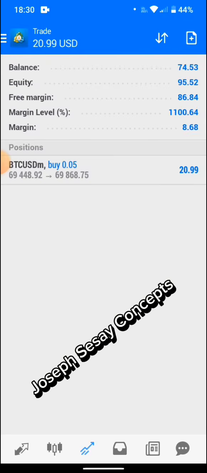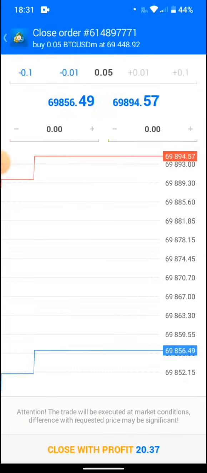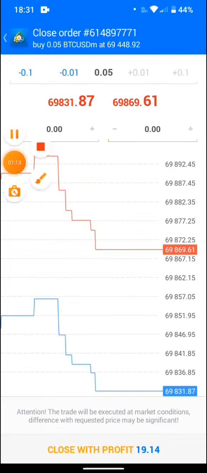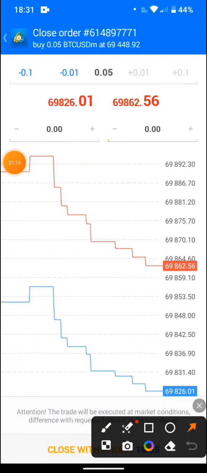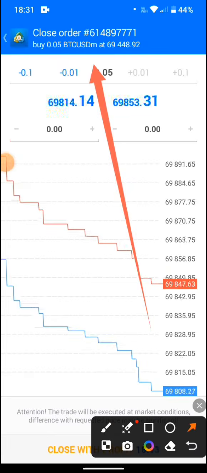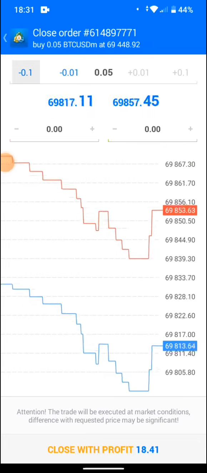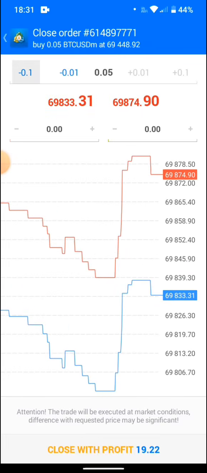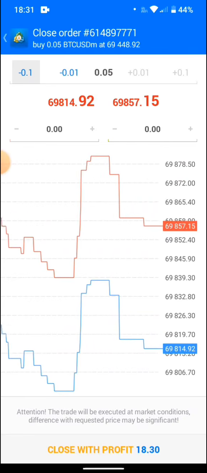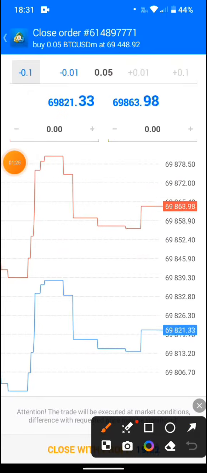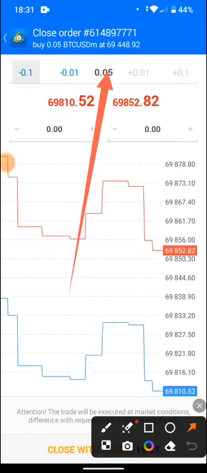To take profit, all you need to do is slide this, and you tap in this correct button. At the top here, you just need to reduce the lot size. This trade is currently 0.05, the lot size we are using.